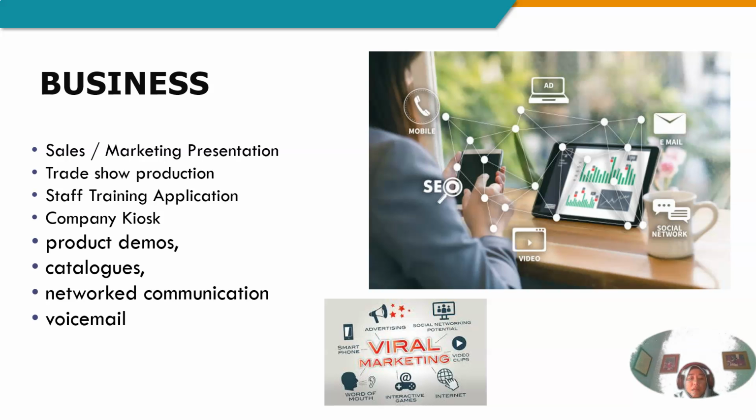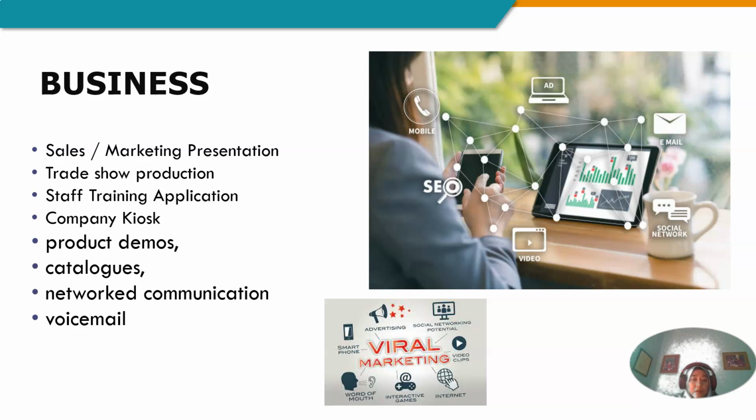Other than that, we have catalogs. This is not the normal catalog. We have the e-catalog, an electronic catalog, which is a combination of text and images, and some have a link to YouTube using a QR code.